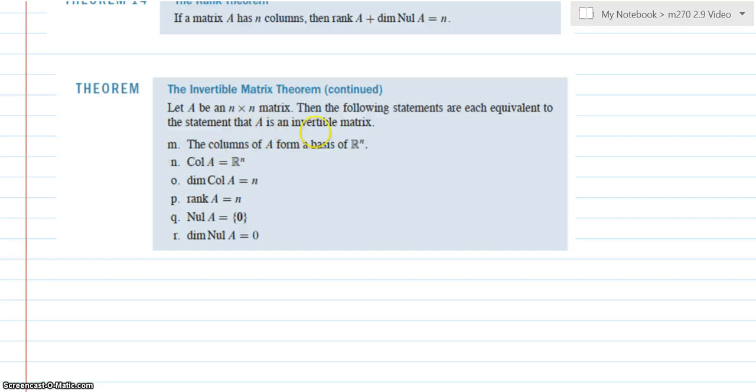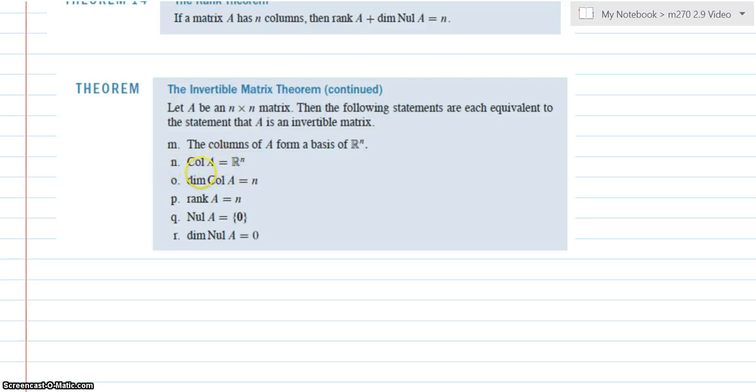So A is an invertible matrix is equivalent to the columns of A form a basis for Rn. That actually does make sense, because the column space of A is precisely the set of all b such that the equation Ax equals b is consistent. We'll look at that in a second.